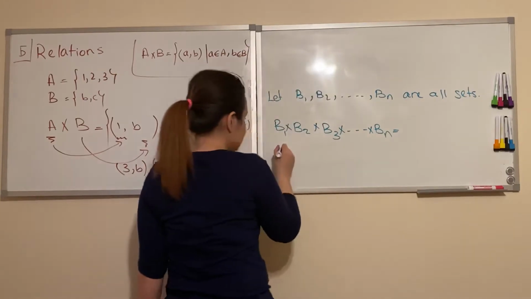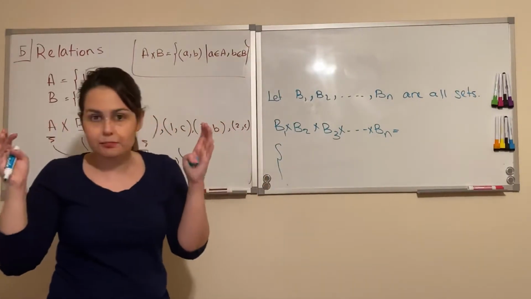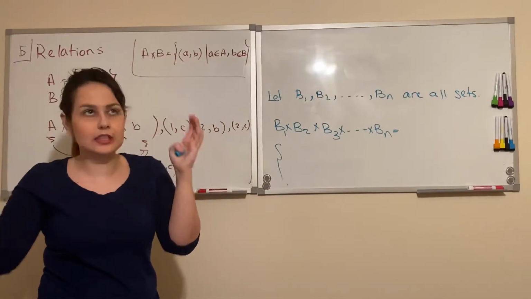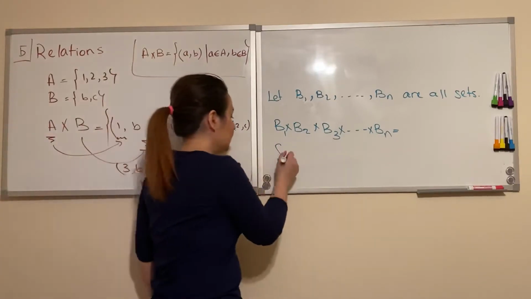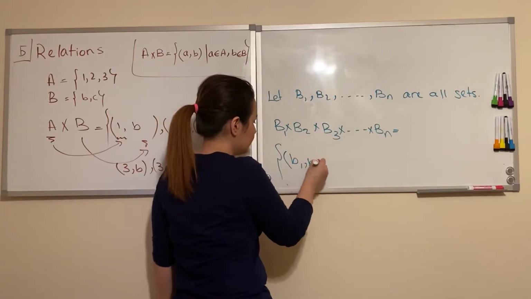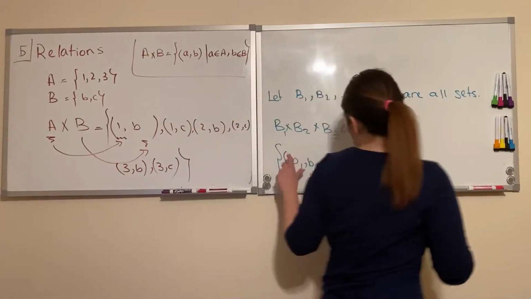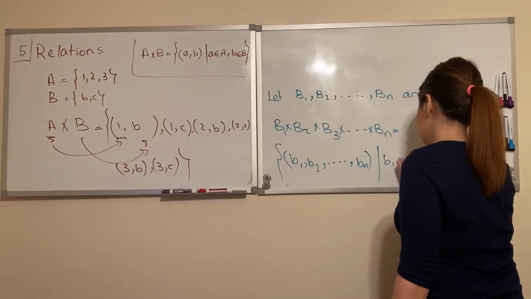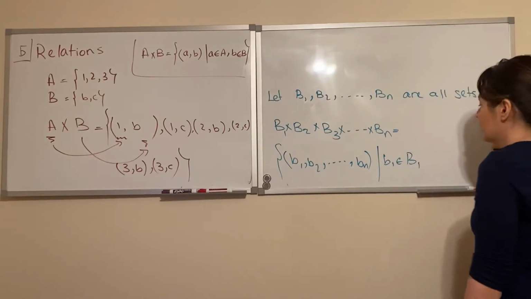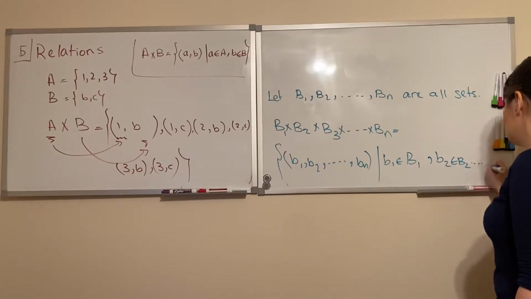So I have a set of not pairs but n-ary tuples, (b1, b2, ..., bn), such that b1 is an element of B1, b2 is an element of B2, all the way to bn an element of Bn.